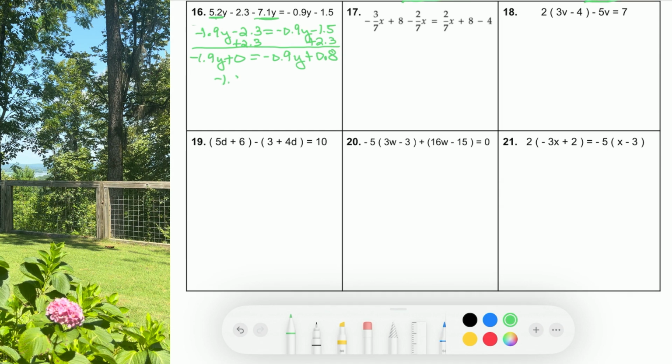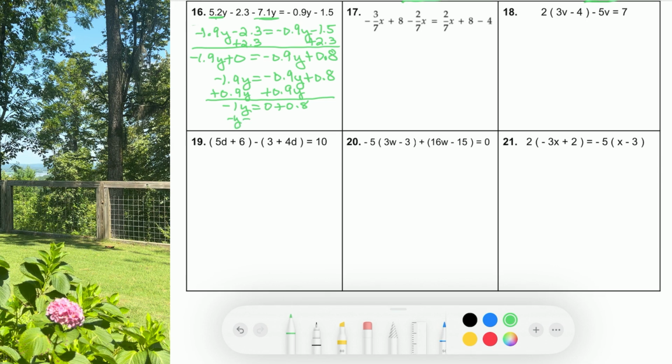Negative 1.9y equals negative 0.9y plus 0.8. Now I need to add the 0.9y to both sides. I get negative 1y equals 0 plus 0.8.